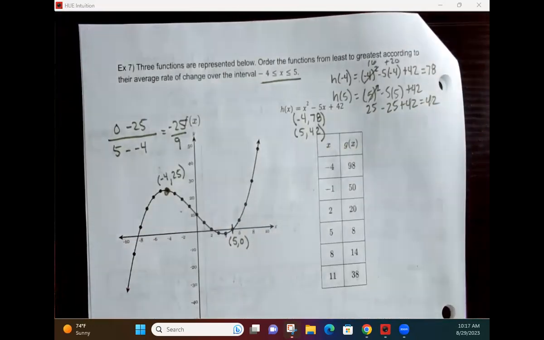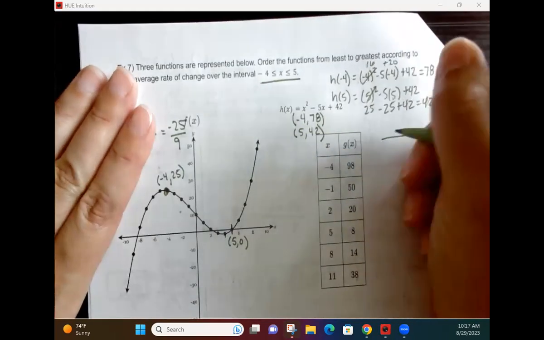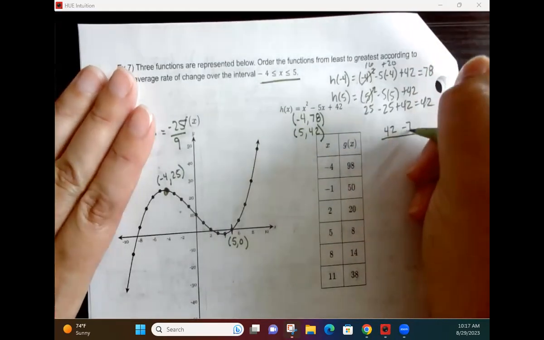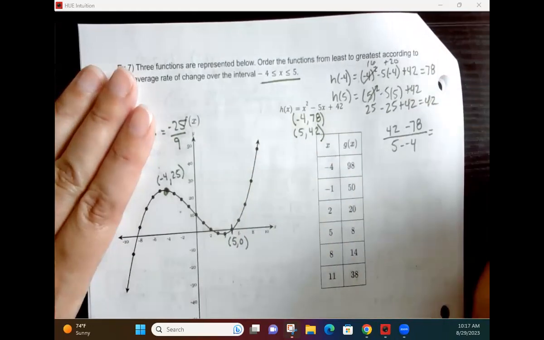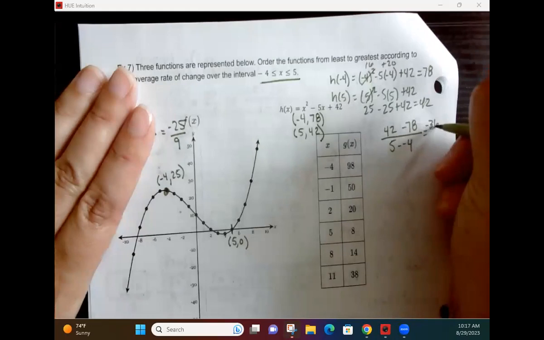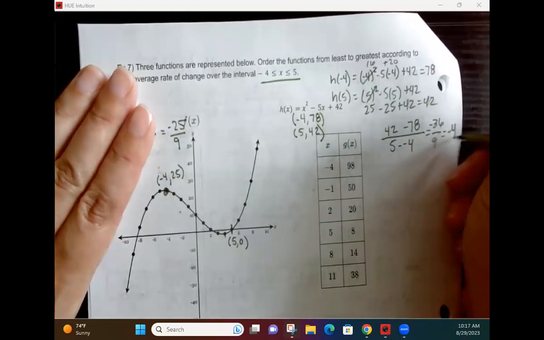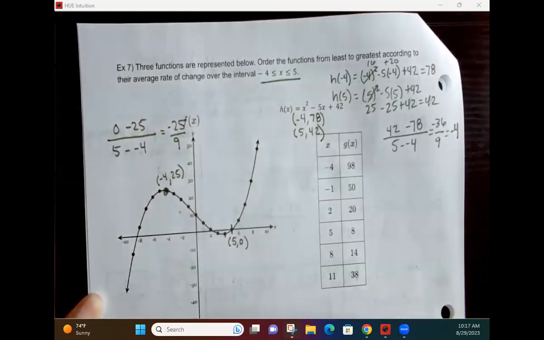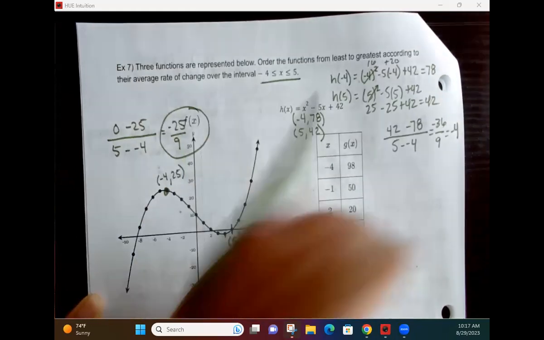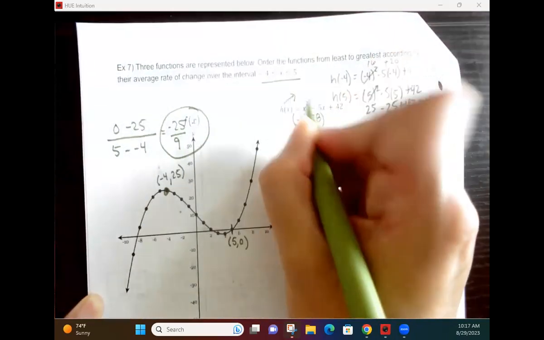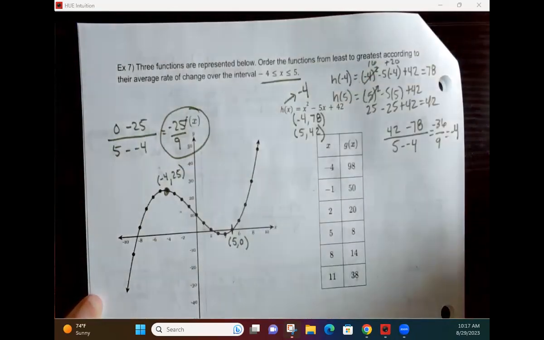And then we find the slope between those 2 points, or the average rate of change between those 2 points. So that would be 42 minus 78 over 5 minus -4. So we get -36 over 9, which simplifies to -4. So for f of x, -25 over 9. For h of x, our average rate of change over that interval is -4.